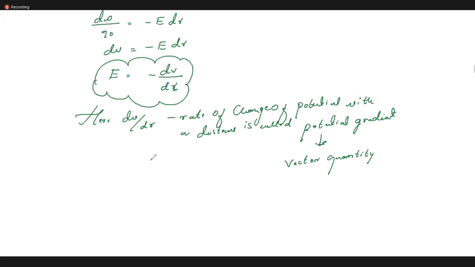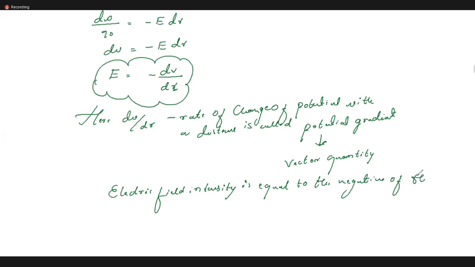So from this I can say that the electric field intensity is equal to the negative of the potential gradient.